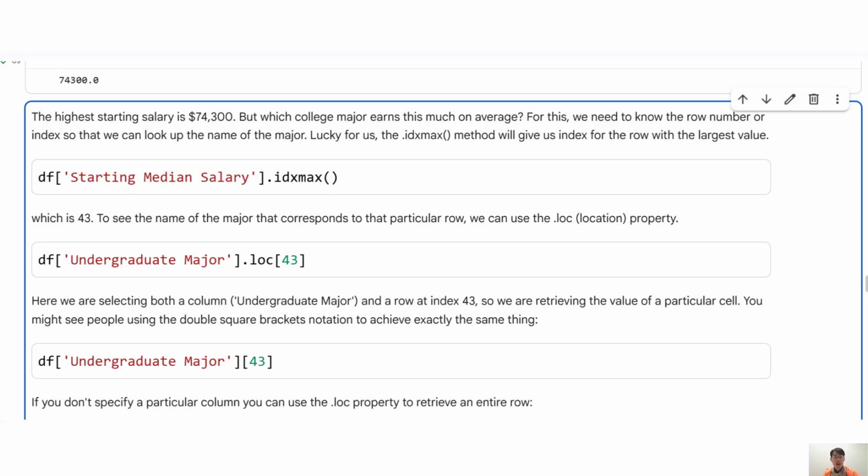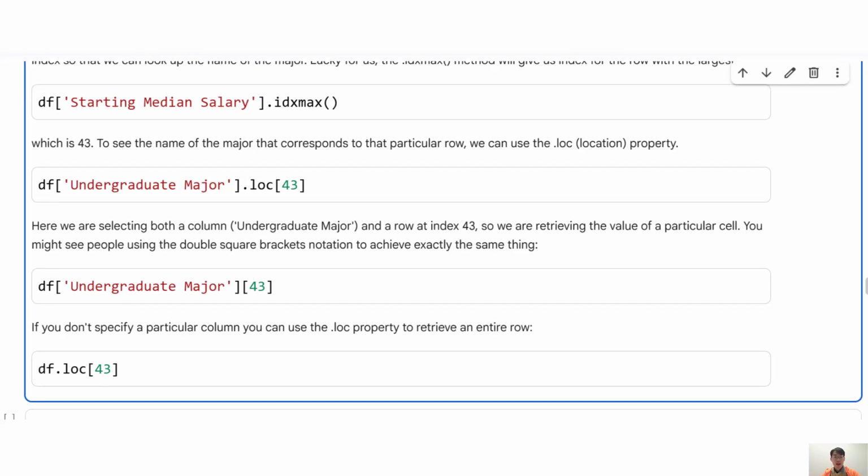If I say loc square bracket 43, it will extract this column's value. So the undergraduate major column's value which is located at 43. I can also write it just with the bracket 43, then it will give you the value at 43.